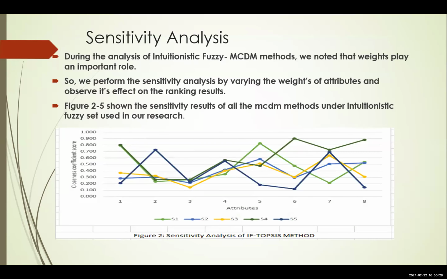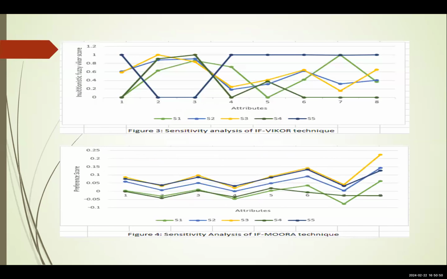And this is the sensitivity analysis of our model. In sensitivity analysis, we validate by changing the weights of all the attributes and checking what the effect is on the ranking of the mobile payment apps.